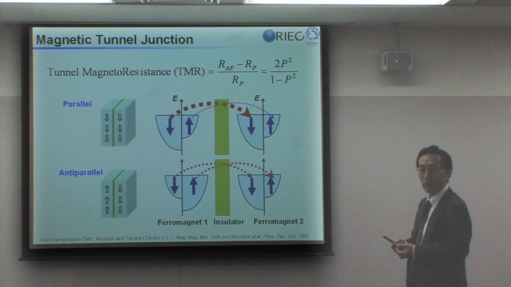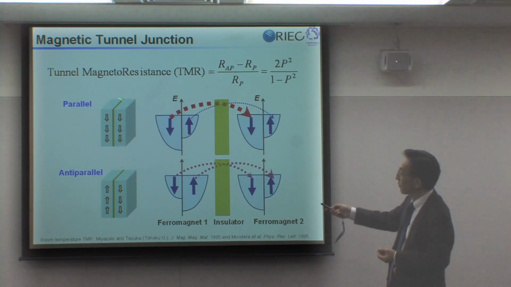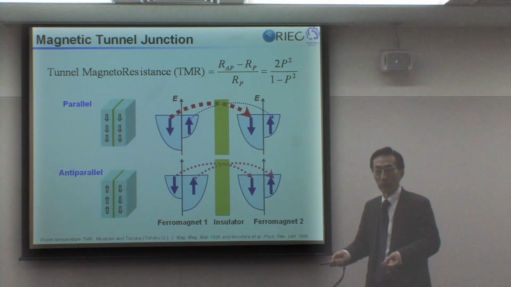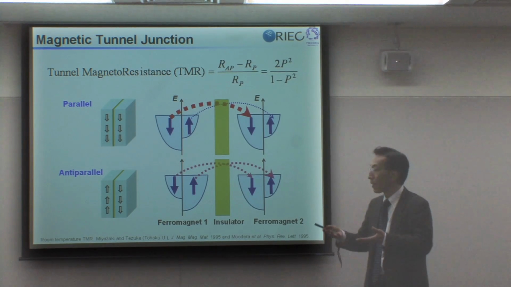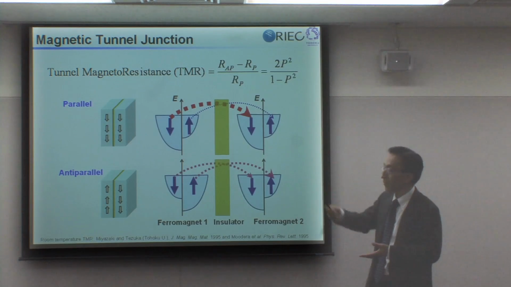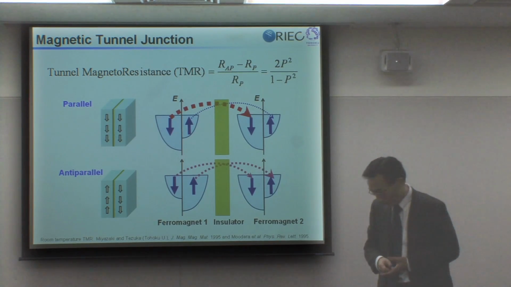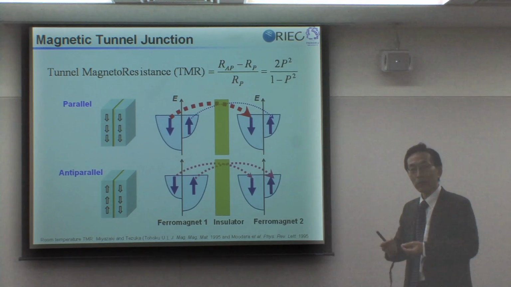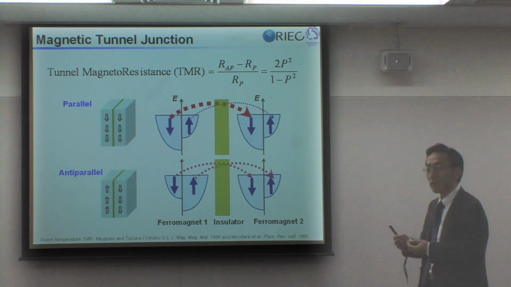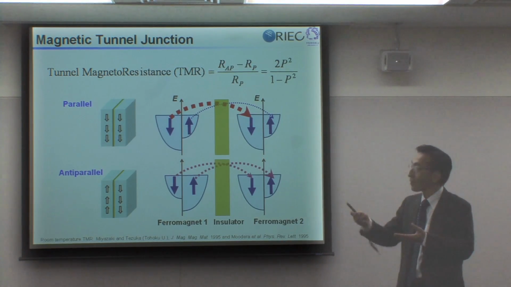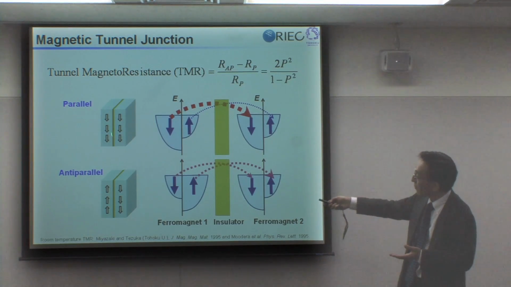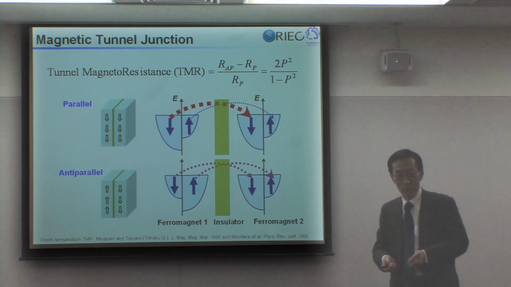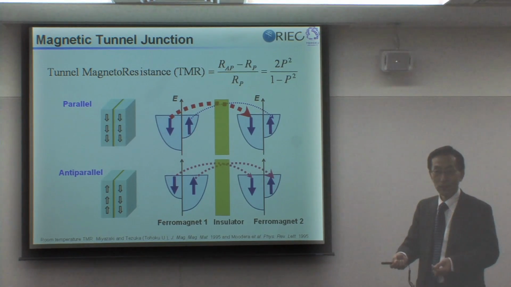This is our element. And because it's based on ferromagnets, it's non-volatile. You don't have to supply power to keep the state of ferromagnet. In order to use it in integrated circuits, you have to be able to read the status or configuration of magnetization directions electrically, and you have to be able to write them electrically.